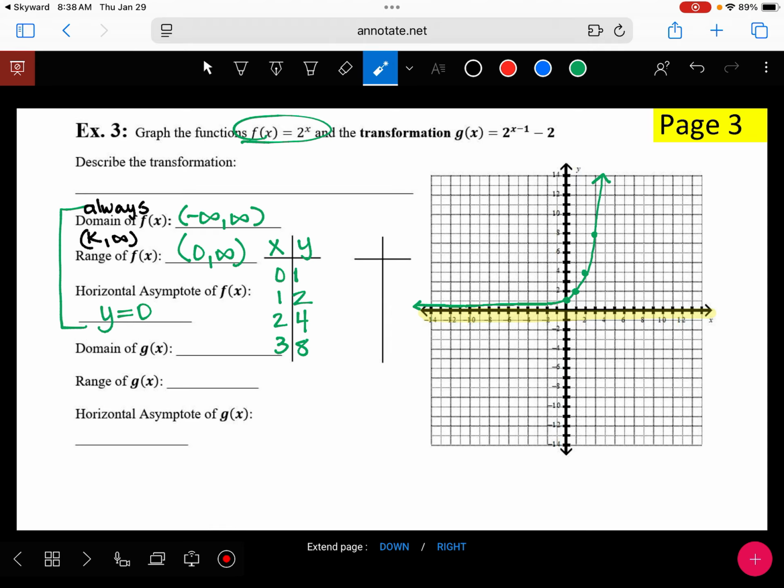Okay, now we're going to make some changes to it. Looking at this function here, two things change. The first thing is, notice in my exponent, is h going to be +1 or -1? Remember, you always flip the sign for h. +1, which is going to make it go right 1.